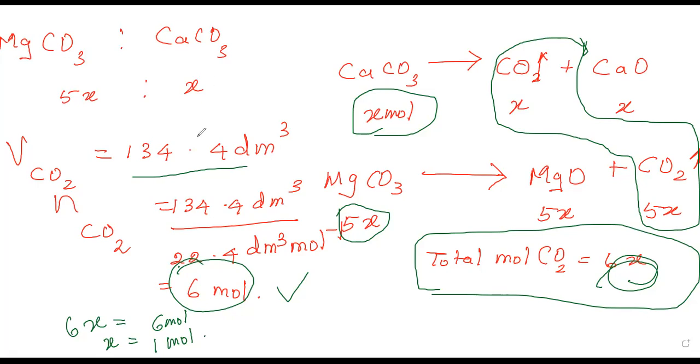Okay, so I have erased. So let's move on. X is equal to 1 mole. And we know the magnesium carbonate is 5x and the calcium carbonate is 1x. We found that, right? And you have to find the mass of the calcium carbonate, right?